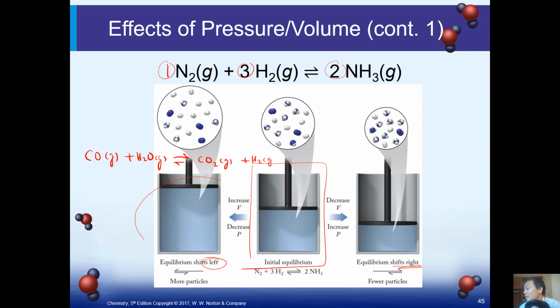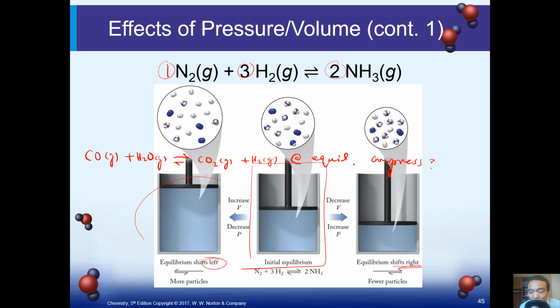So here's the question. For this reaction at equilibrium, which means it's already at equilibrium, if we compress the container, to which direction will the reaction shift?